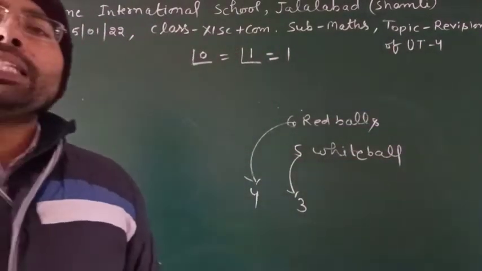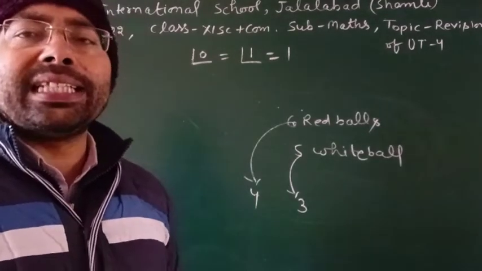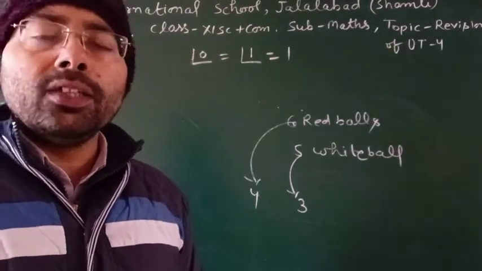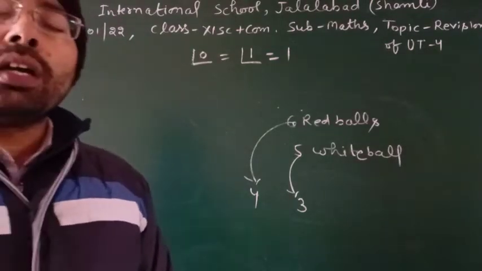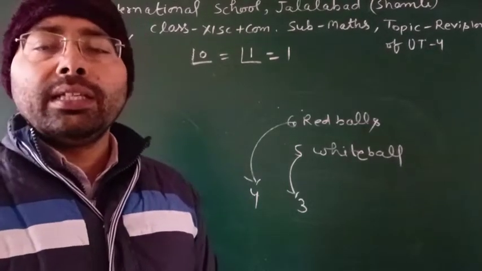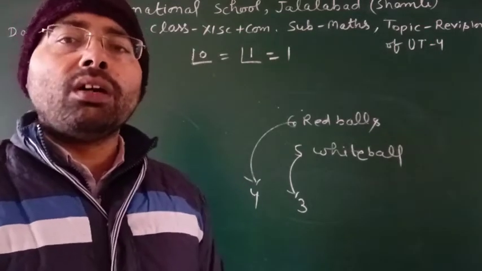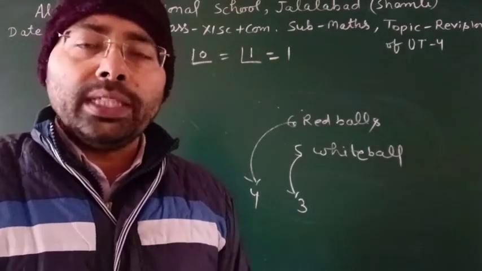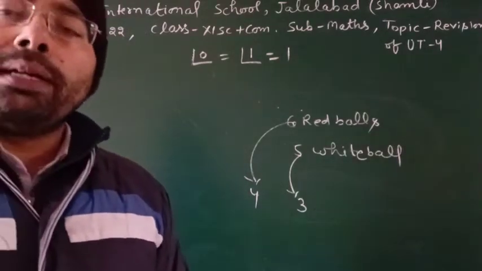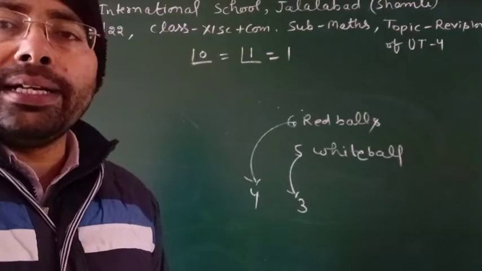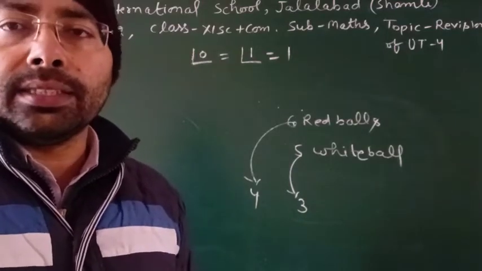So basically these are two independent selection events, and you know very well that independent events are always multiplied to each other and dependent events are always added to each other. जो इवेंट होती हैं इंडिपेंडेंट उनको हम मल्टीप्लाई करते हैं और डिपेंडेंट इवेंट को आपस में ऐड करते हैं.